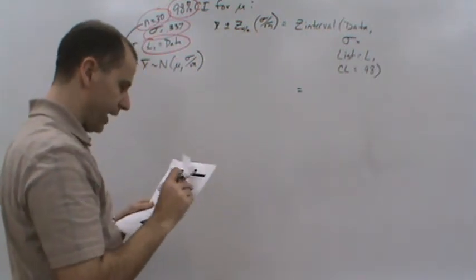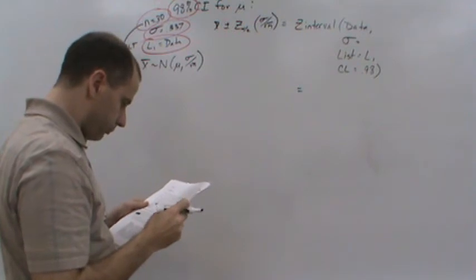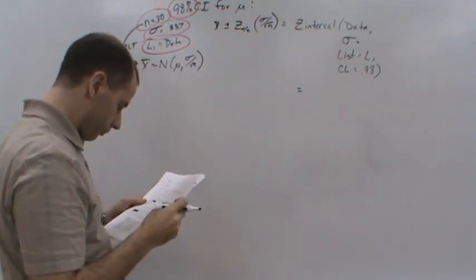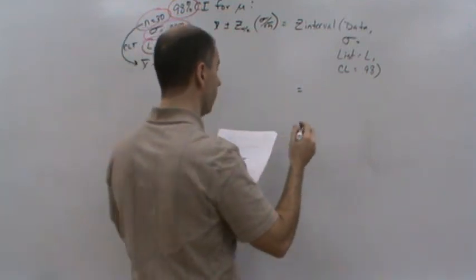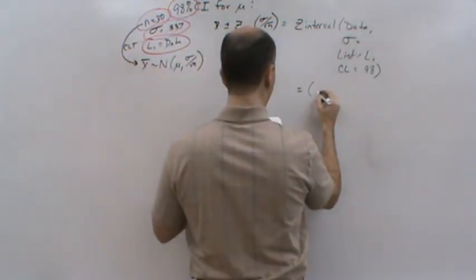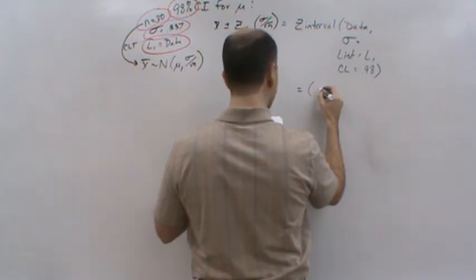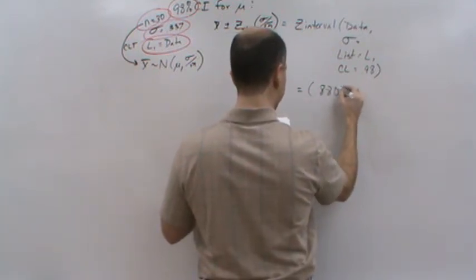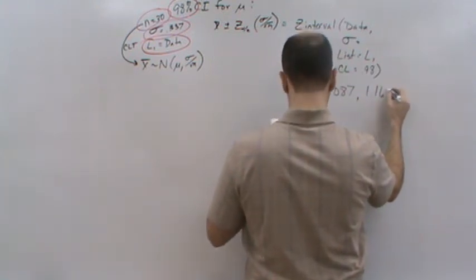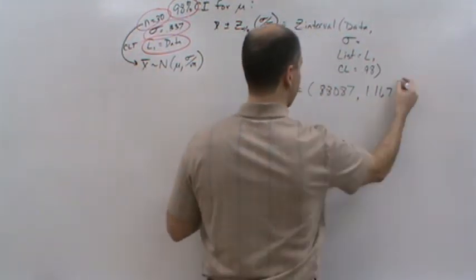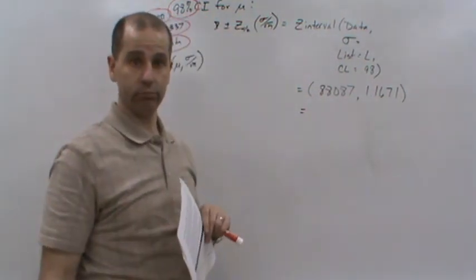You are going to get 0.88087 and 1.1671, which is pretty much spot on of what we got.